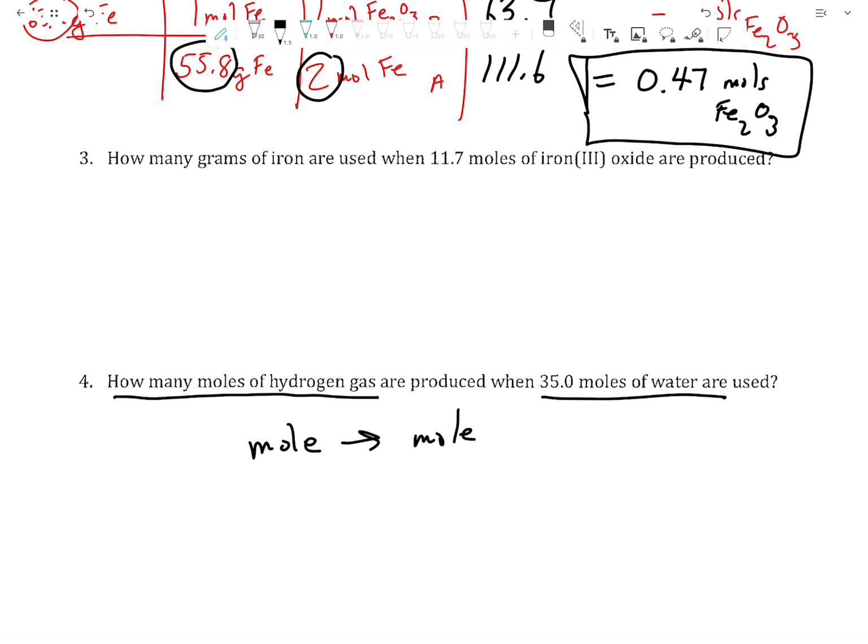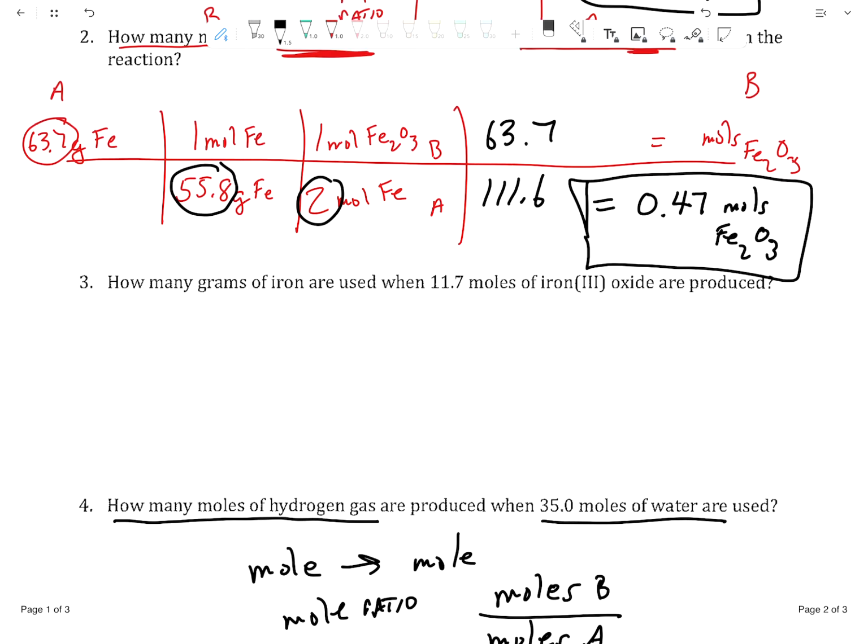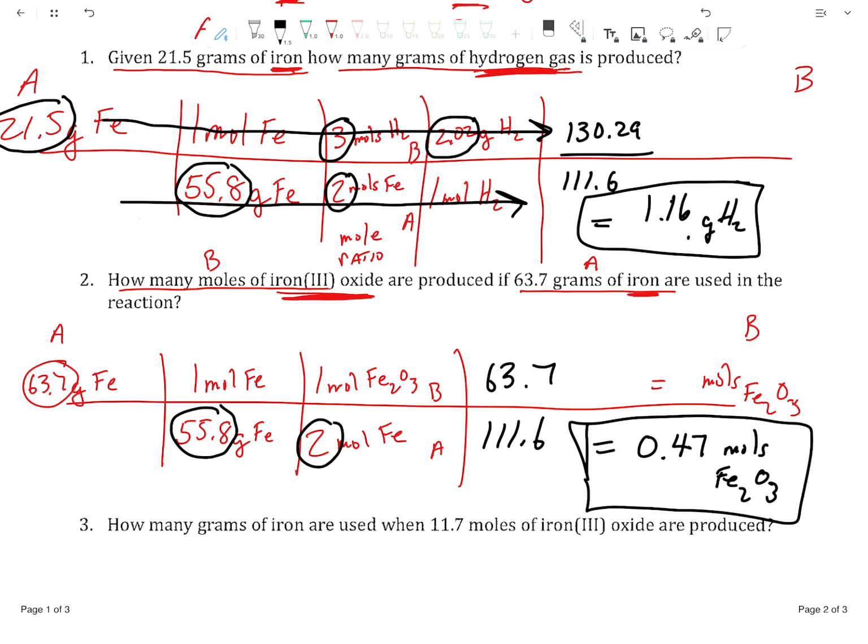And the only thing you're going to have to do is perform the mole ratio. That means the number of moles of B divided by the moles of A. And that's a very simple problem to solve. It's a one-step problem. If you have any questions, just give me an email, give me a shout out.